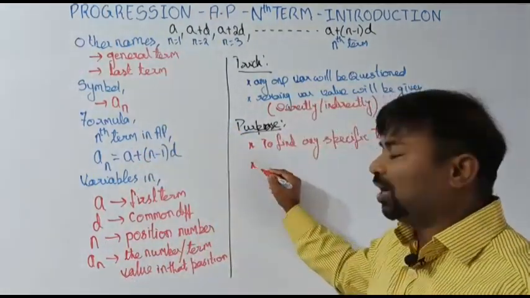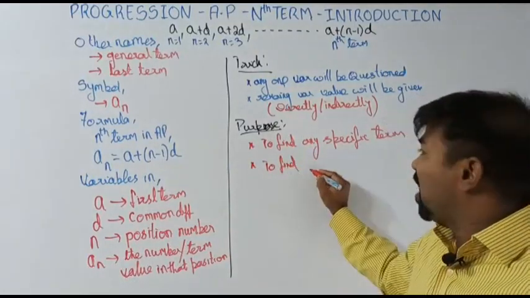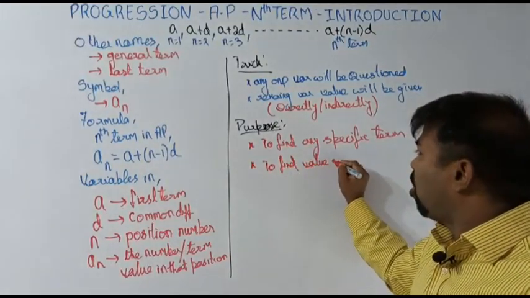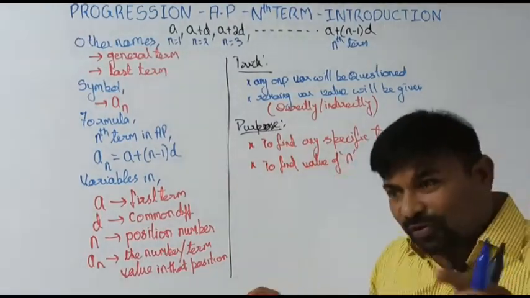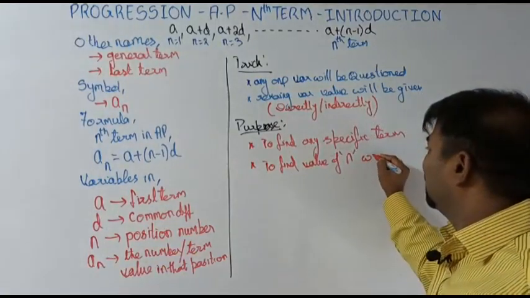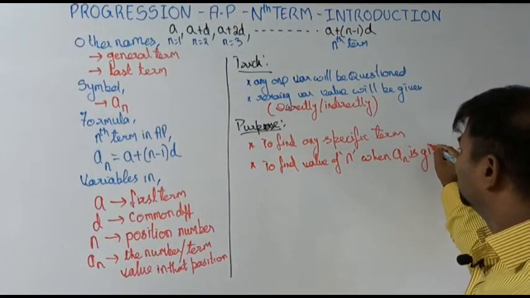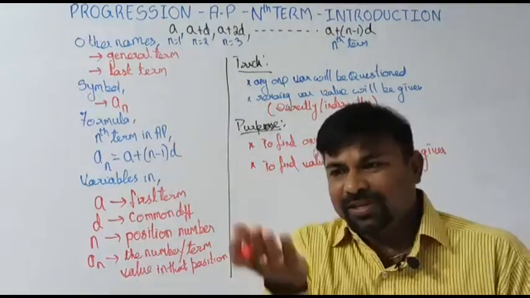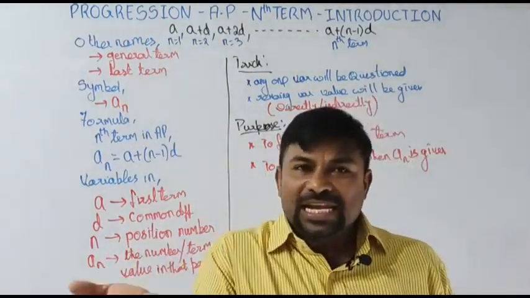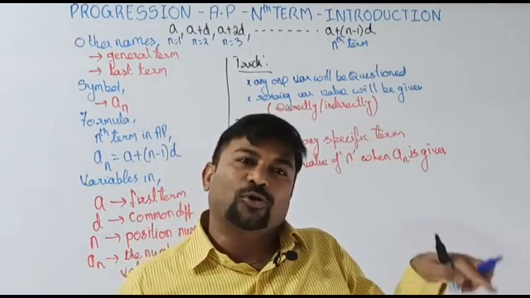The next one is to find the value of n when an is given. This is important. So we play with n and an. If n is given to you, if the roll number is given to you, then we should know who is sitting in that roll number.